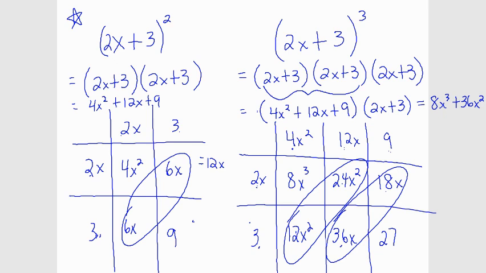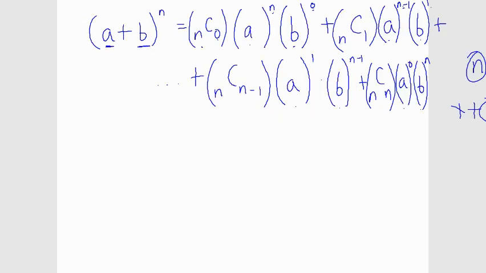So let's go back to that formula really quickly. And let's talk about where Pascal's triangle comes in. These combinations are the rows of, or is the nth row of Pascal's triangle. So you don't even have to memorize Pascal's triangle, you just have to memorize how it's set up.